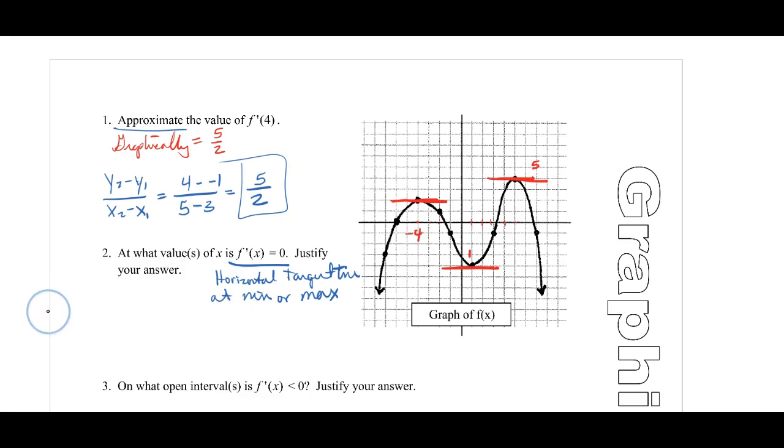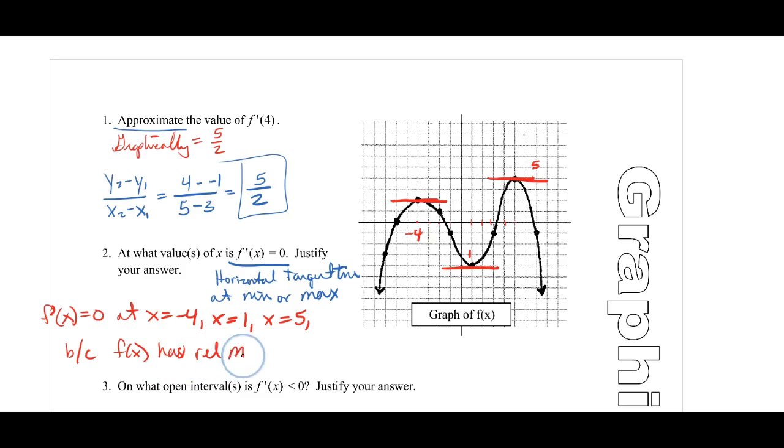Therefore, I conclude that f prime of x equals 0 at x equals negative 4, x equals 1, and at x equals 5, because the function has relative maximums or minimums at these points.